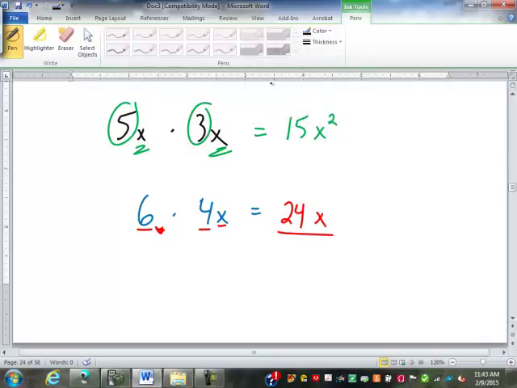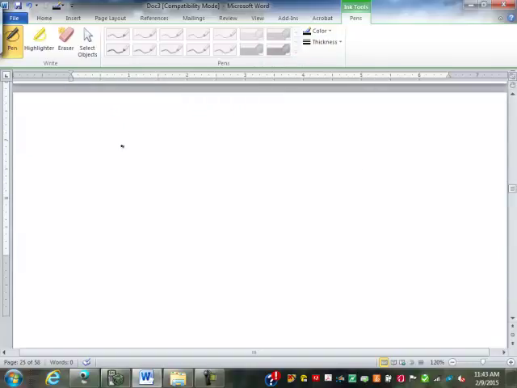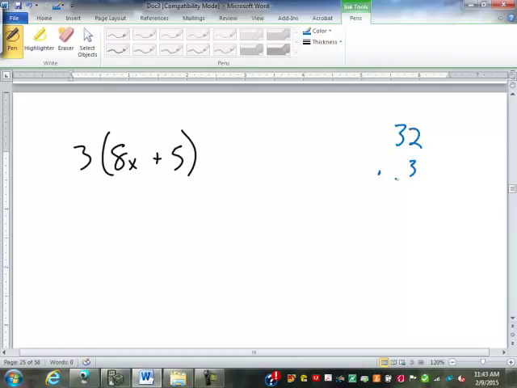I'm not going to waste a lot of time with simple multiplication, but I'm going to jump up to something a little more complex like this. 8x plus 5 times 3. Now, most of you, when you went through your basic algebra course, learned something called distributing, and we'll come back to that. But technically, the long way to multiply this is the same way you would multiply 32 times 3.